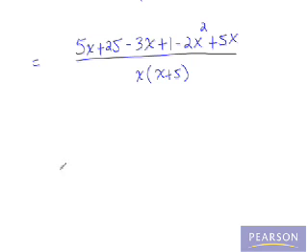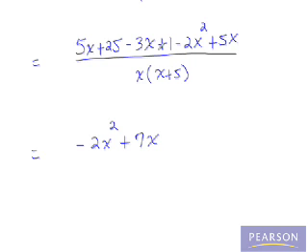Finally, we will simplify the numerator, combine like terms. I only have one quadratic term. The negative 2x squared will stay negative 2x squared. We have positive 5x's minus 3x's would be positive 2x's plus 5x's would be positive 7x's.